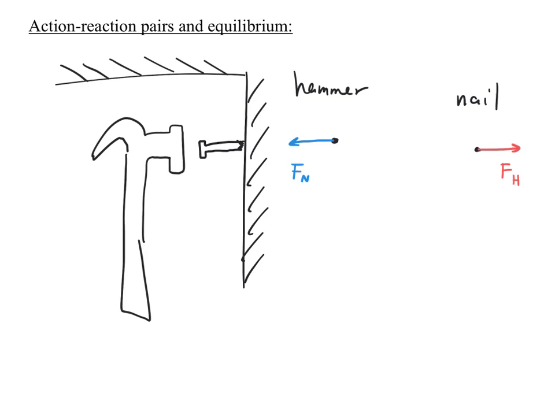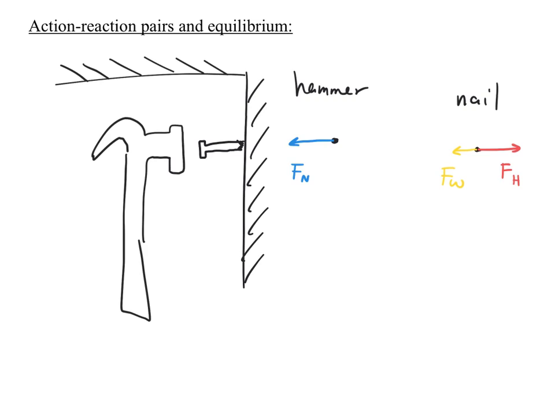But here's the thing. If I were to draw the rest of the forces acting, I could see why this nail accelerates. Because the wall pushes back against the nail, but with very little force. The wall can't withstand the force of the hammer acting on the nail. So the nail penetrates the surface of the wall and embeds itself.